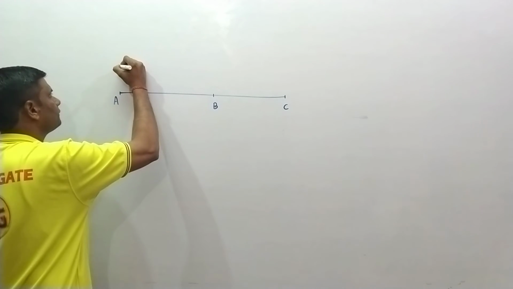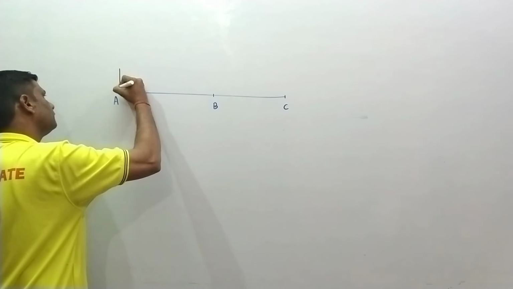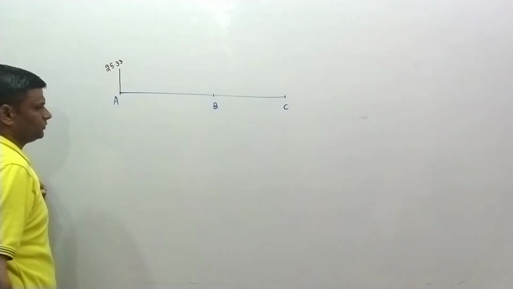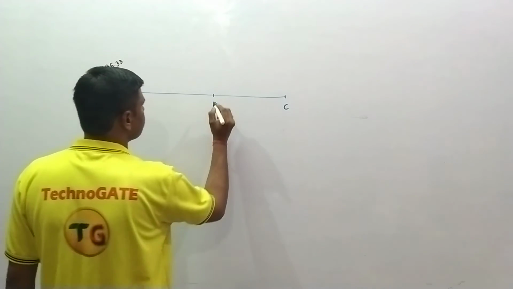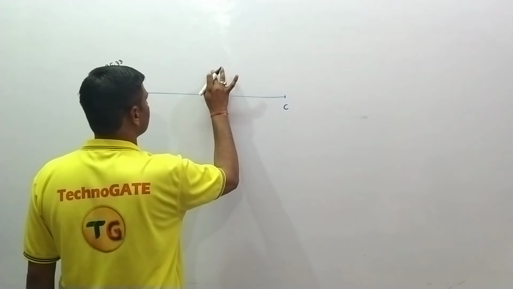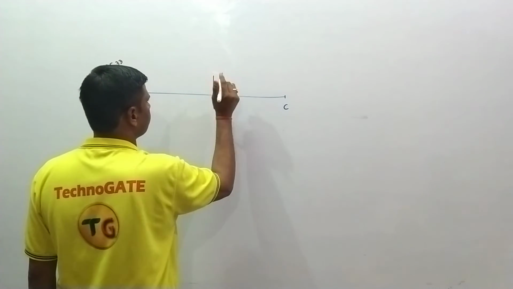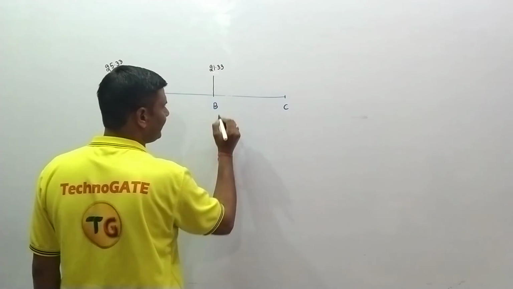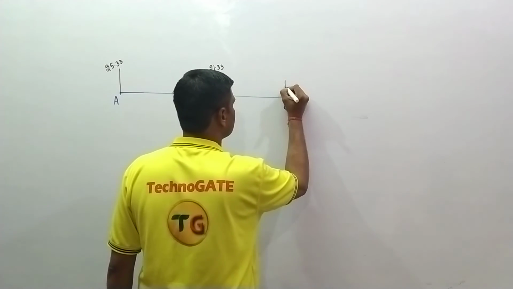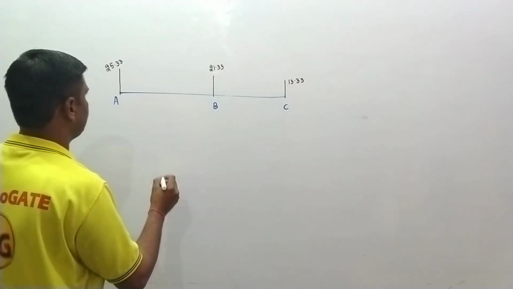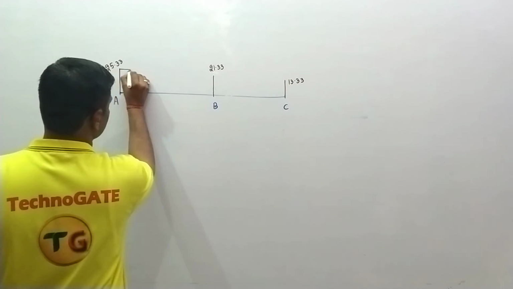This is 25.33, and this is 21.33, and this is 13.33. Now the variation was likewise this.